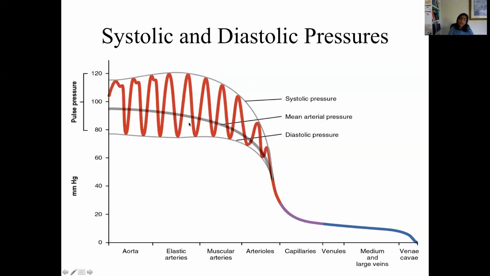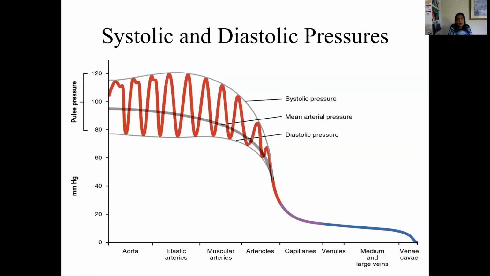Okay, so you can detect systolic and diastolic blood pressure by placing this sphygmomanometer on an artery, fine, because you can still see them or hear them. But later on, it's not possible, okay, because the pressure drops and the waves also disappear. And then how do we measure pressure in these vessels? All right, so that is one thing we need to talk about.